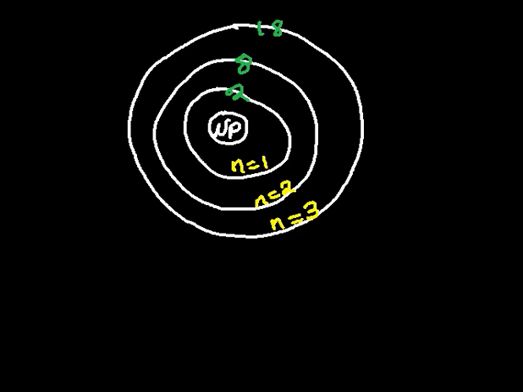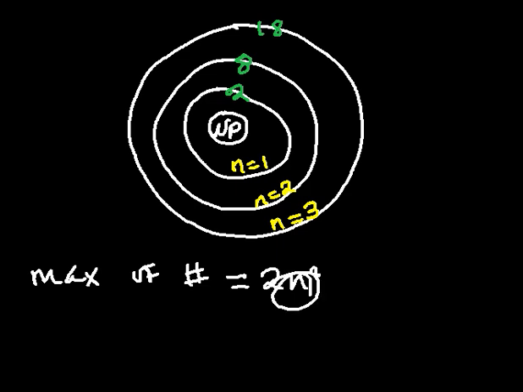And from the formula, the maximum number of electrons in a particular energy level is given as 2n squared, where n represents the energy level.